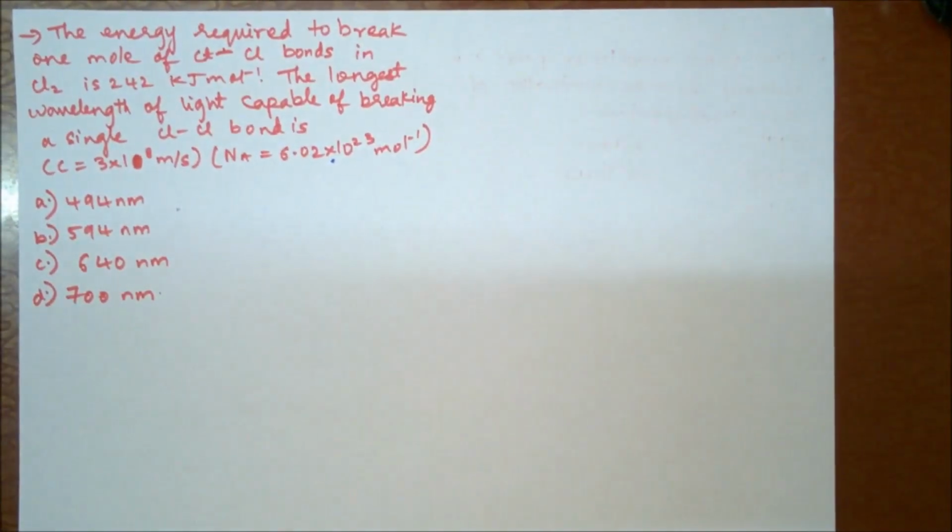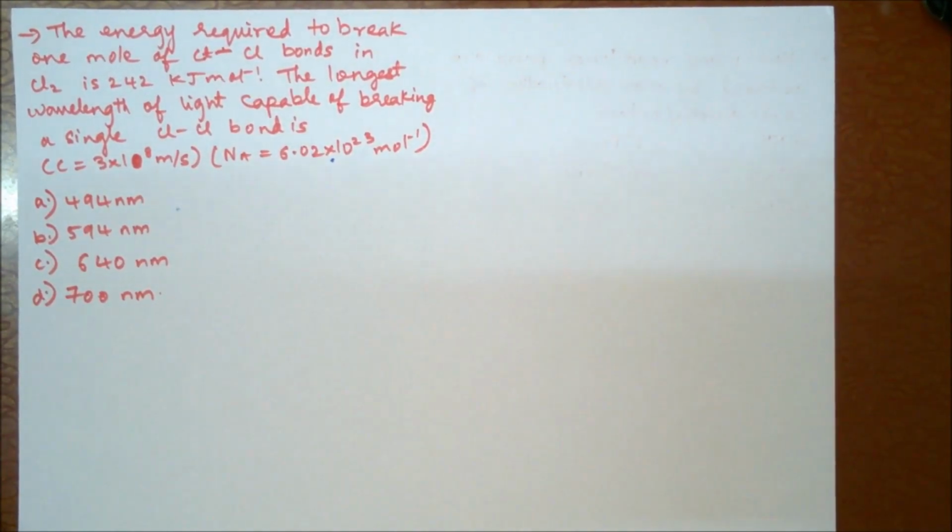The energy required to break 1 mole of Cl-Cl bond in chlorine is 242 kilojoule per mole. The longest wavelength of light capable of breaking a single Cl-Cl bond is, where C is given as speed of light 3 × 10^8 meter per second and Avogadro number Na is given.